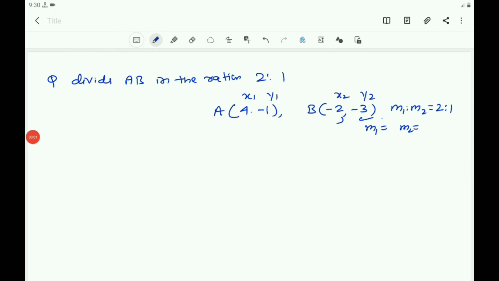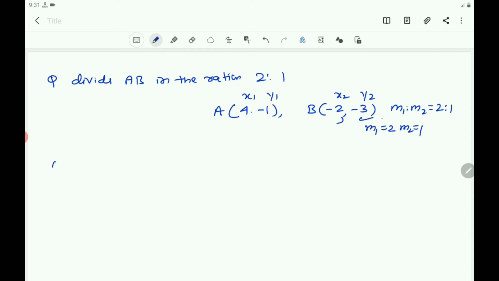Now the second trisecting point, that is Q, which divides AB in the ratio 2:1. Now you consider the same points A (4, -1) and B (-2, -3), and m1 is to m2 is 2:1. So you take m1 equals 2, m2 equals 1.